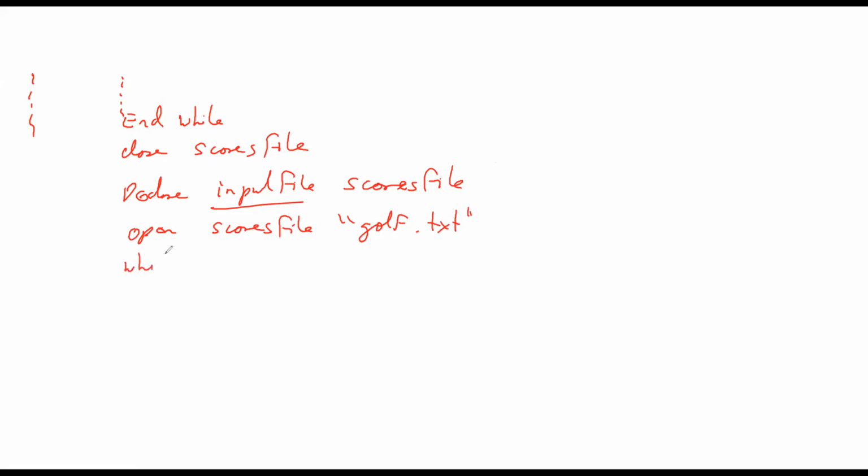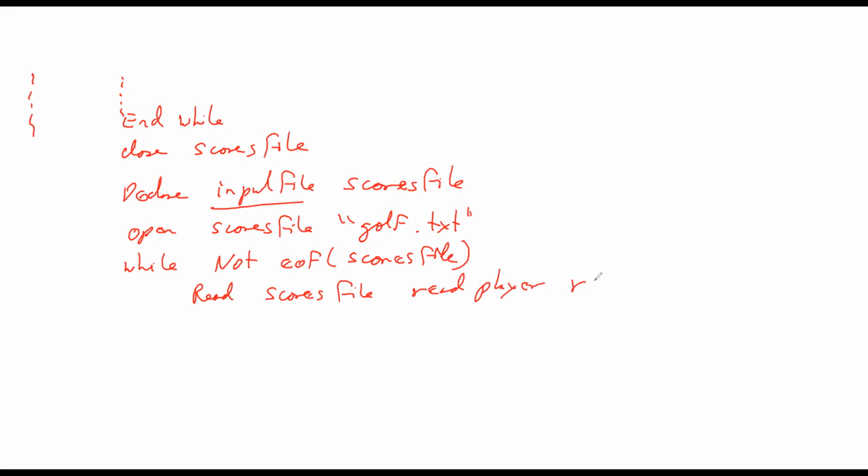And then we're going to say while not, and this is just in the pseudocode how we write that out. So while not end of file scores file, what do we do? We read from scores file the two variables read player and read score.